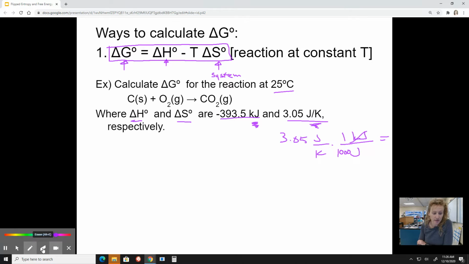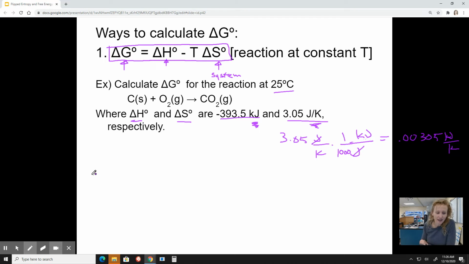Let me rewrite my units. All right, so joules is going to reduce out of there. Okay, and then I'll have this. All right, so now we can just kind of plug and chug since we're solving for delta G, and that's what we have anyway.